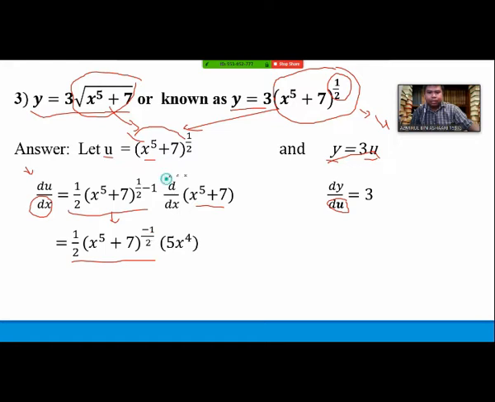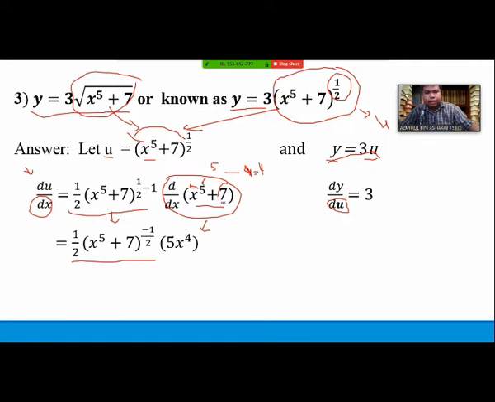And for this case, when you differentiate x power of 5 plus 7, you will get 5x power of 4. The reason is because this 5 moves to the front, get 5. And for this 5, 5 minus 1, it will become 4.